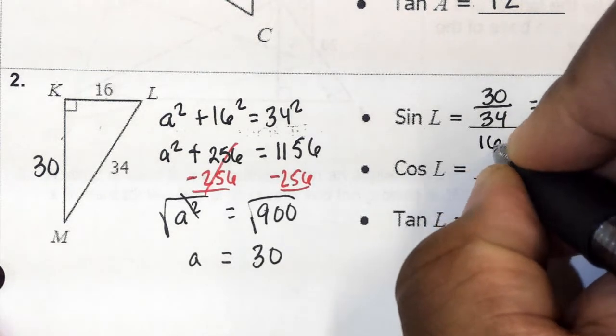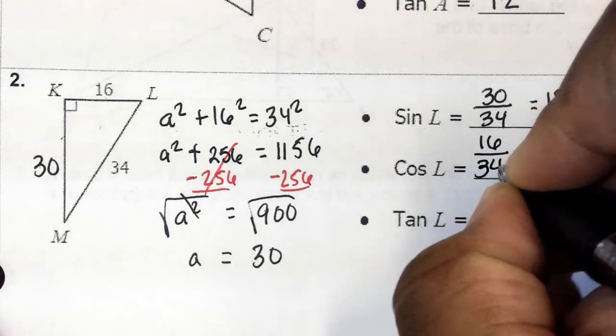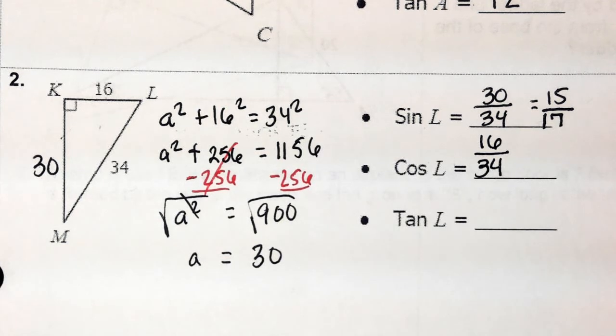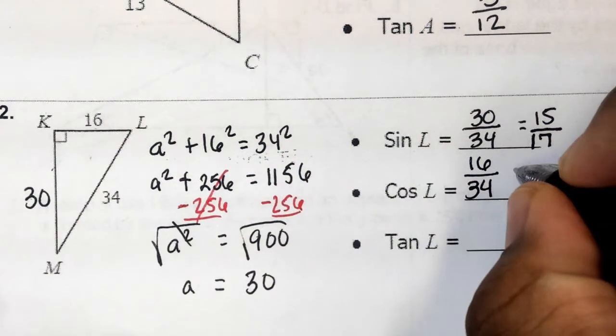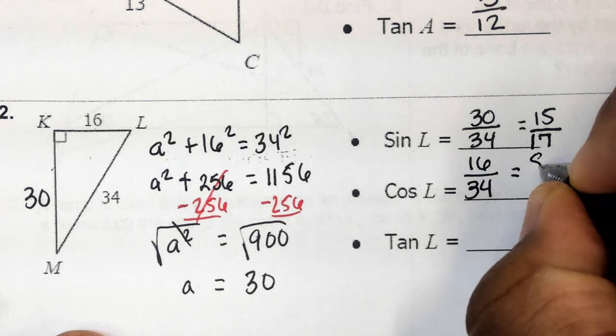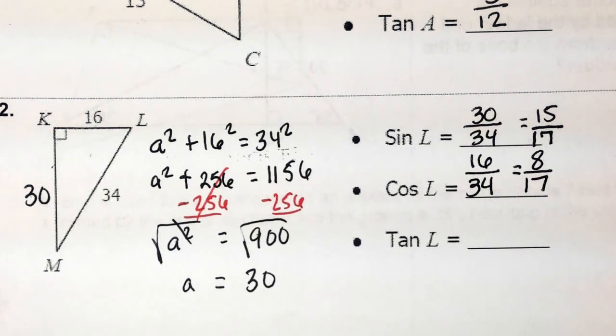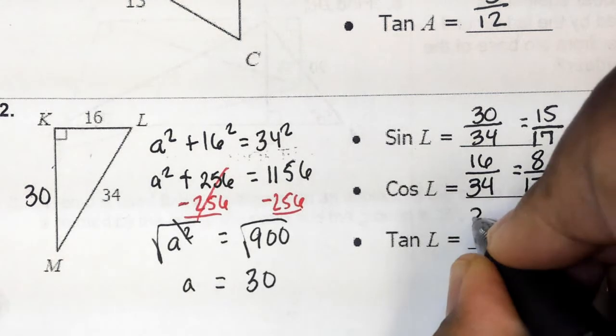16 over 34. Alright, we need to reduce that one too. Let's do the 2 again. 8 over 17. Thank you. And then the last one, tan of angle L. 30 over 16.